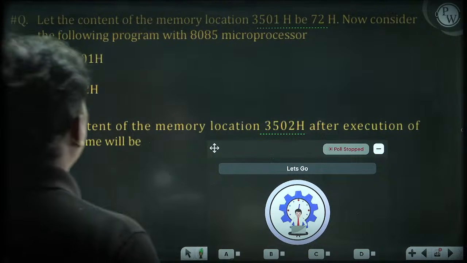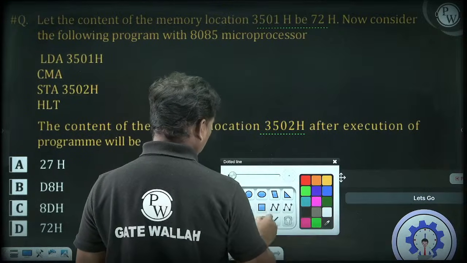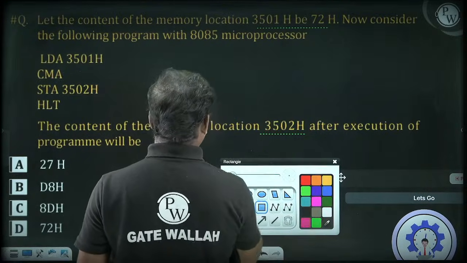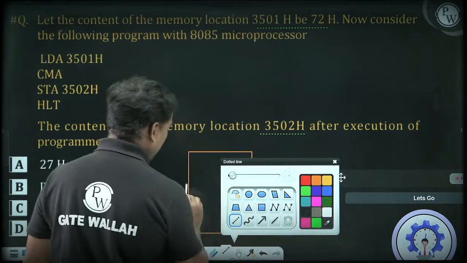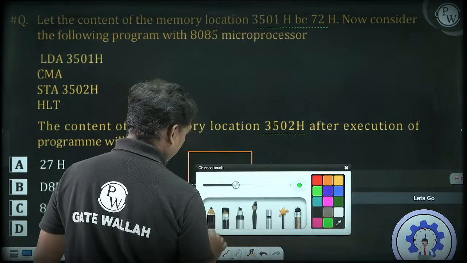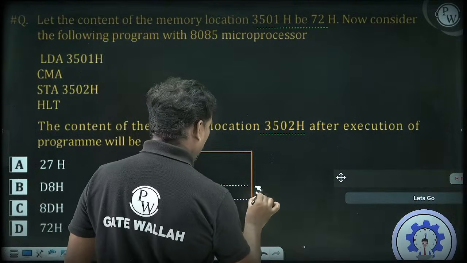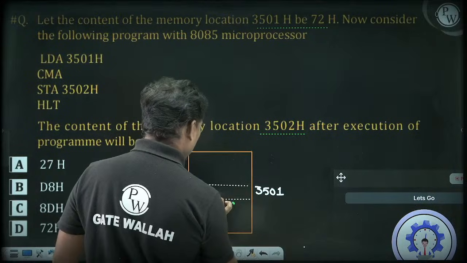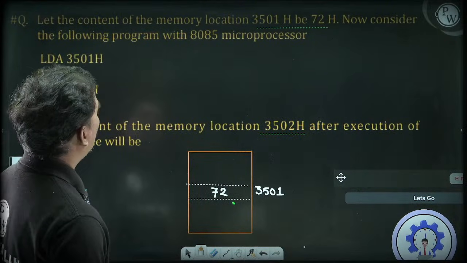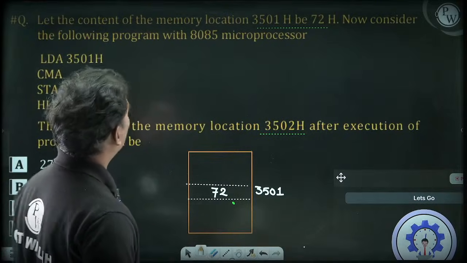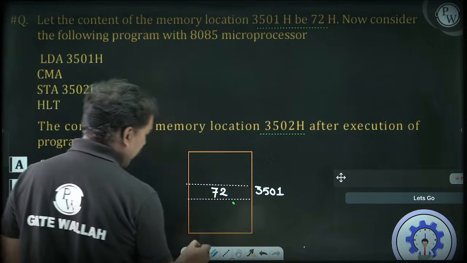Let the content of the memory location 3501H is 72H. Now consider the following program with the 8085 microprocessor: LDA 3501H.